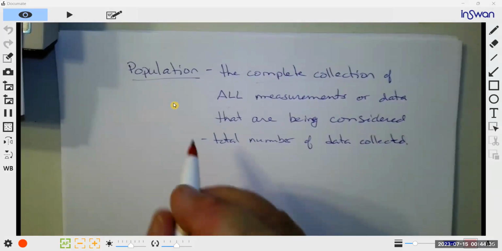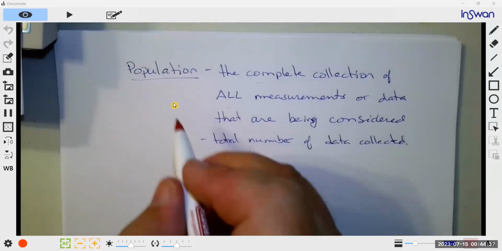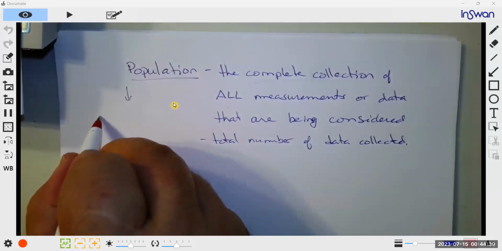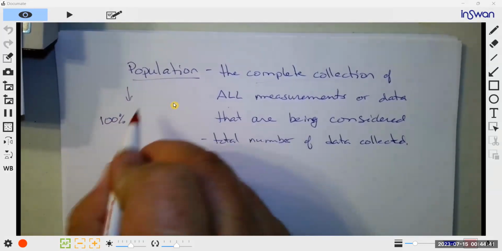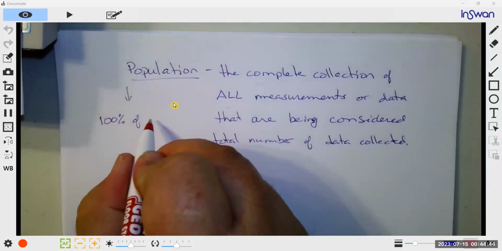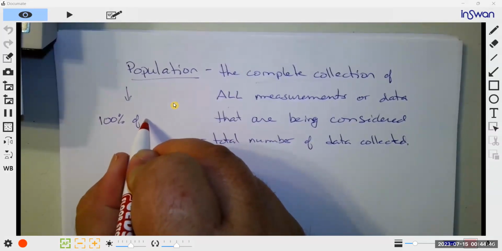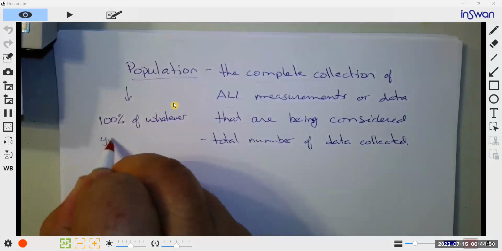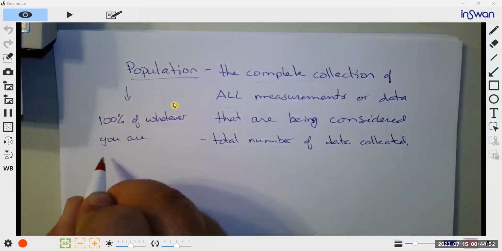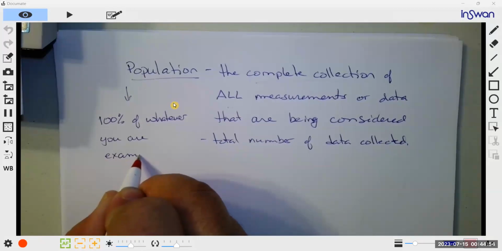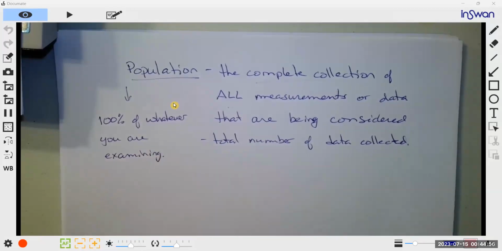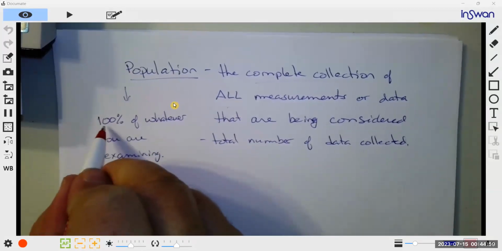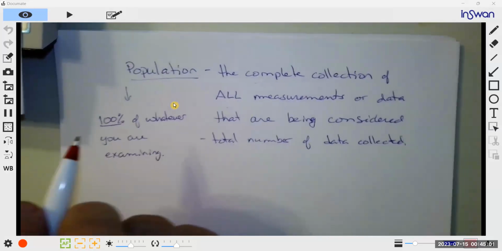That's in statistics. In the real world, a population is 100% of whatever you're looking for, whatever you're examining. So the population is 100% of it.